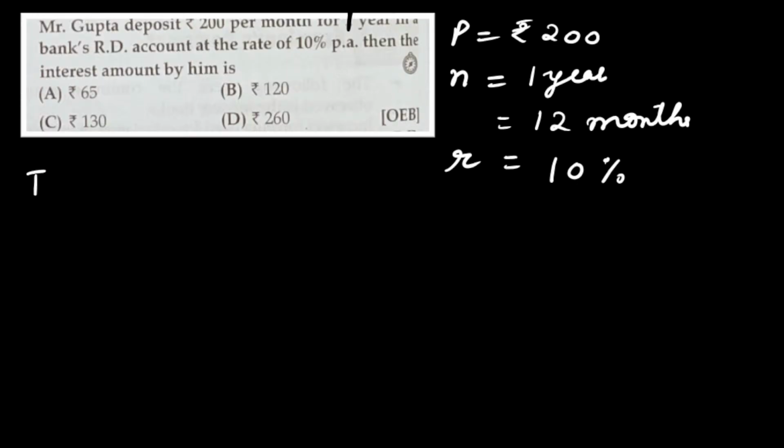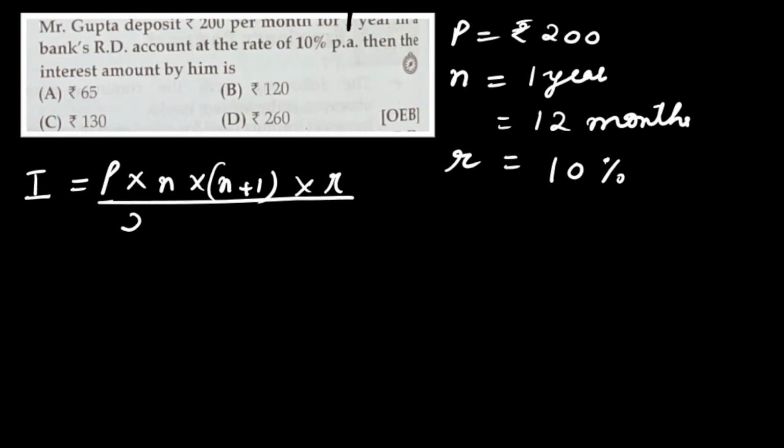So we can directly use the first formula which I gave you, the formula of interest, in this question. The formula of interest is P into N into N plus 1 into R by 2 into 12 into 100.